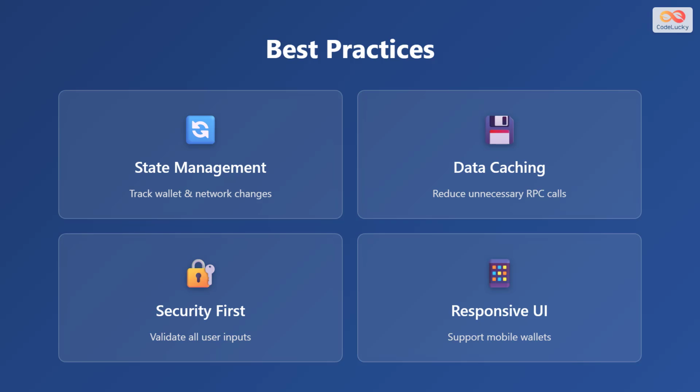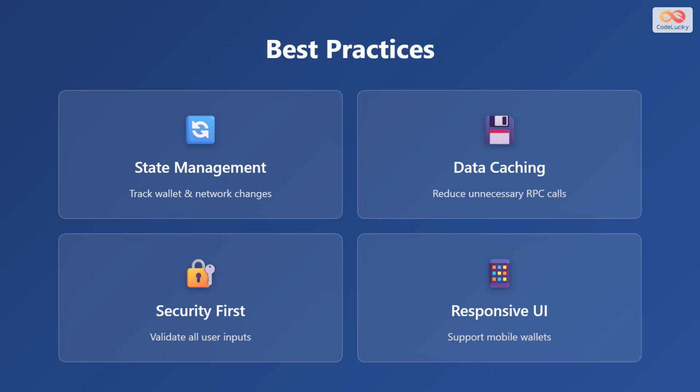Following best practices ensures your DApp is reliable, efficient, and user-friendly. First, implement proper state management to track wallet connections and network changes. Users might switch accounts or networks, and your application should respond accordingly. Second, use data caching to reduce unnecessary RPC calls to the blockchain.